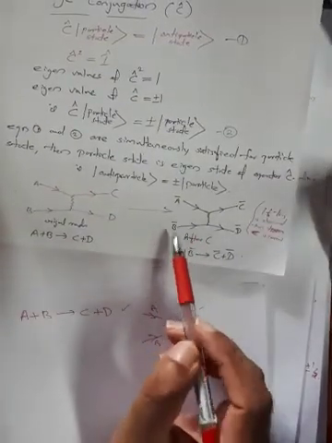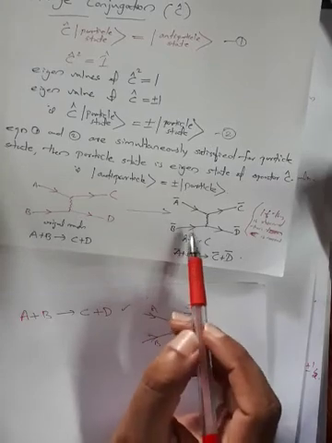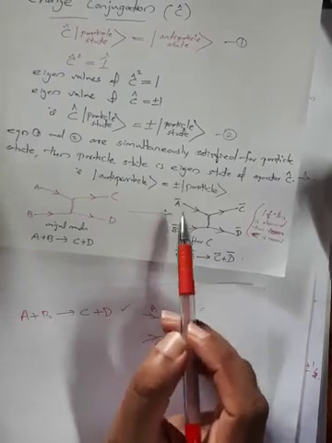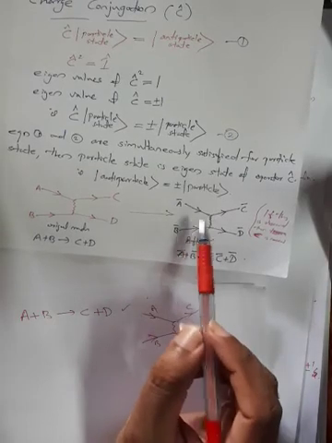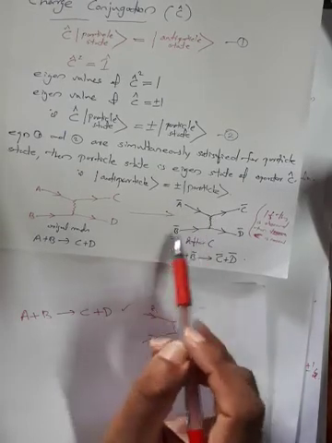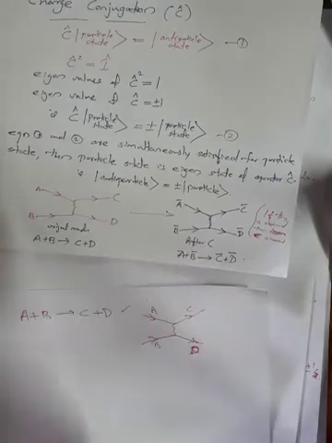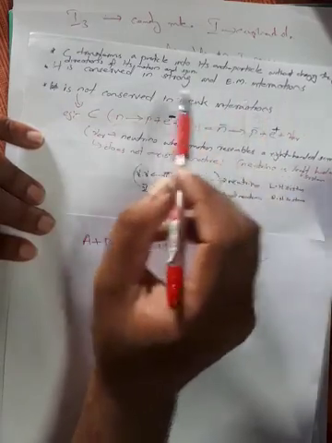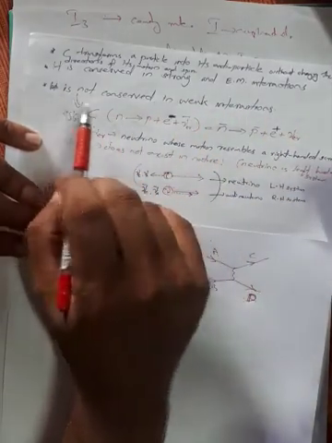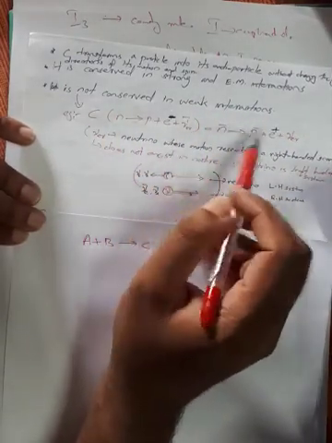From this, what you understand is that by applying the charge conjugation operation, this operator changes the particle into its antiparticle without changing the direction of the particle and its spin. Another thing is, this is conserved in strong and electromagnetic interaction, and it is not conserved in weak interaction.